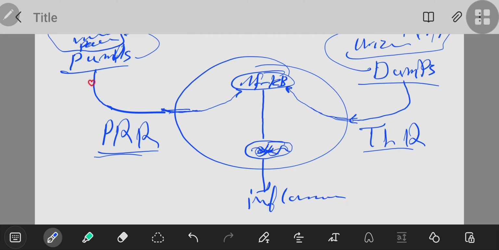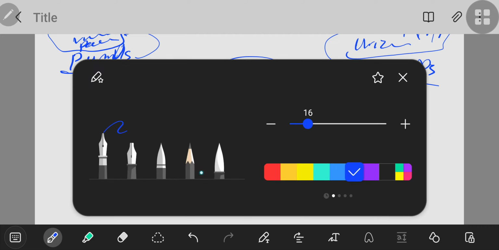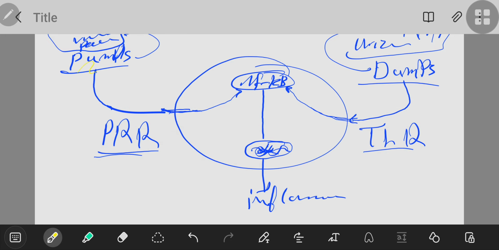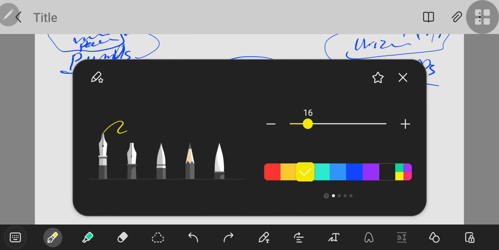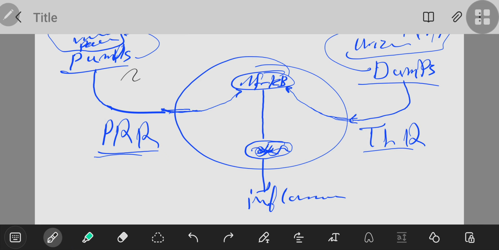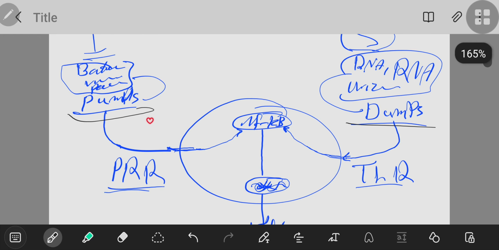Got it? So I'm gonna repeat it quickly. We have two types of inflammation: the infectious type and the sterile type. The infectious type is called the bombs, with examples such as bacteria, viruses, parasites. The dumps, as examples, are DNA, RNA, or uric acid.